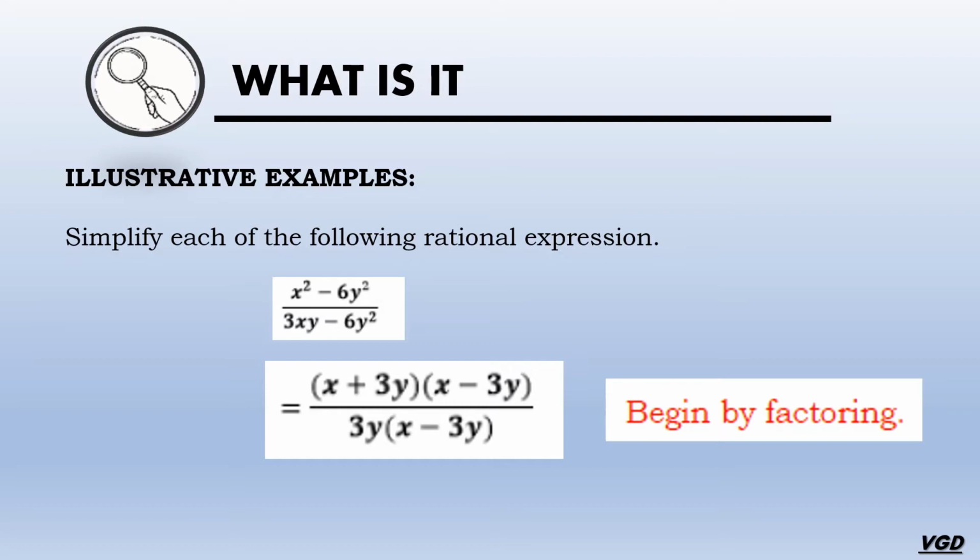So factor first the numerator x squared minus 9y squared, and we all know that this is the difference of two squares. We have the quantity of x plus 3y times the quantity of x minus 3y over the denominator. The factor of 3xy minus 9y squared is 3y times the quantity of x minus 3y.